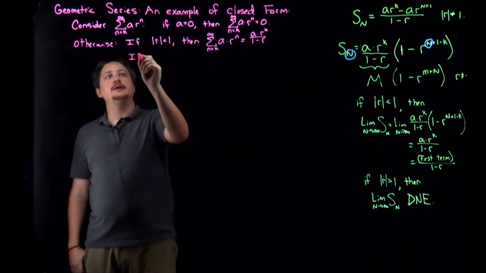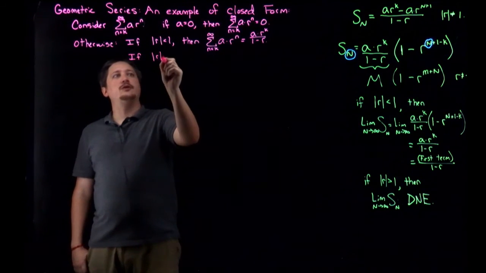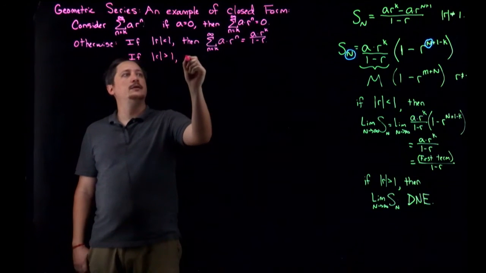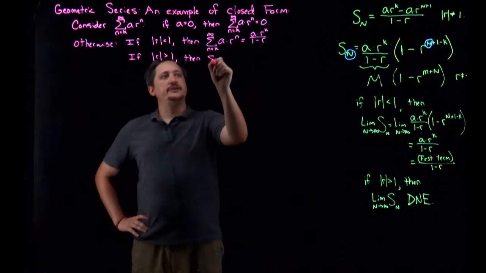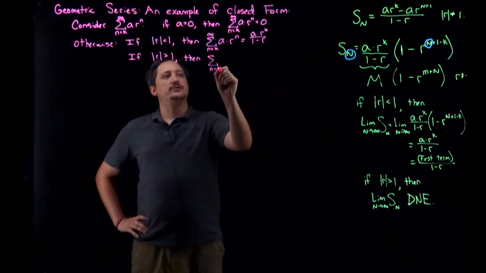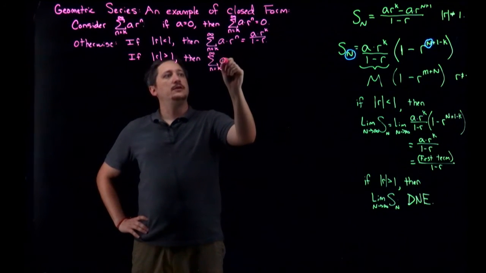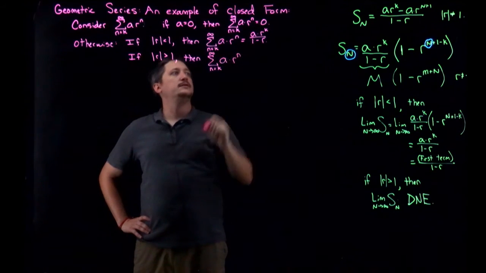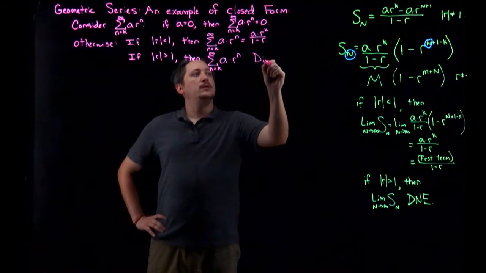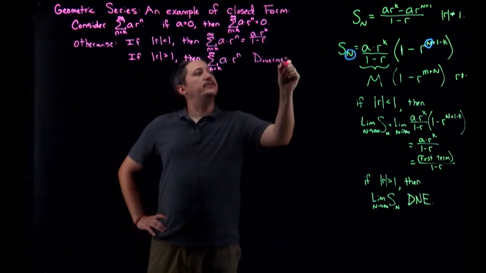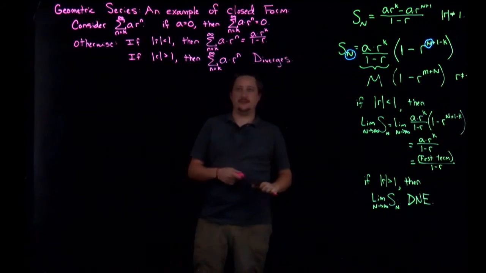And if the absolute value of r is greater than 1, then this infinite series, n equals k to infinity of a times r to the n, diverges. Because the partial sums fail to exist. Okay?